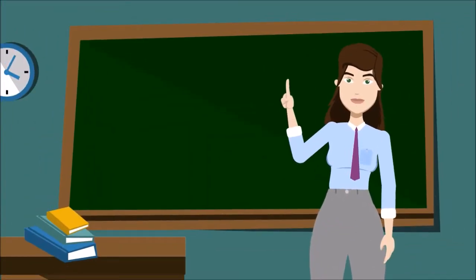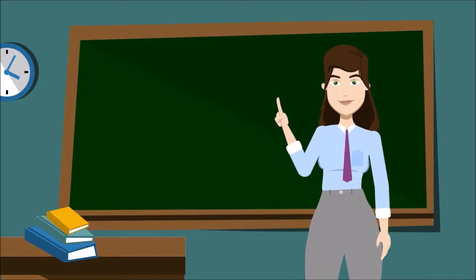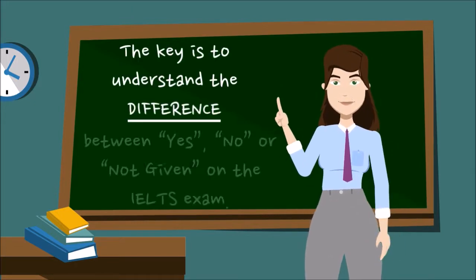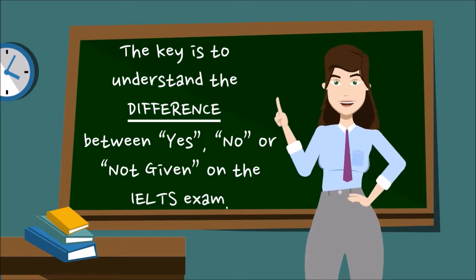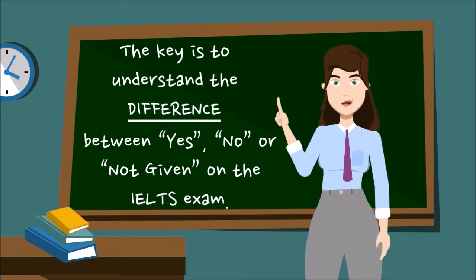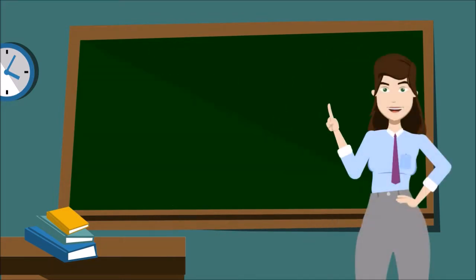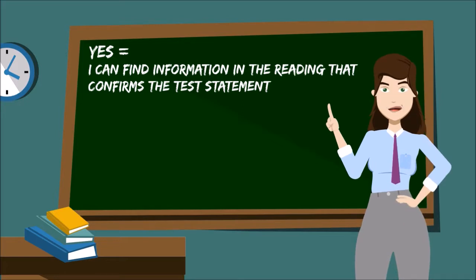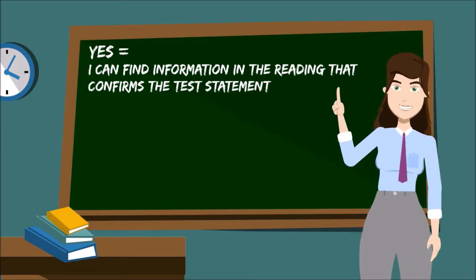Well, the key to doing well on yes, no, not given questions is to make sure that you understand the difference between yes, no, and not given on the IELTS exam. So what does yes, no, not given really mean? Yes, I can find information in the reading that confirms the test statement.